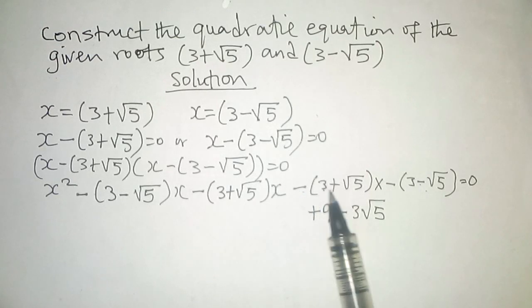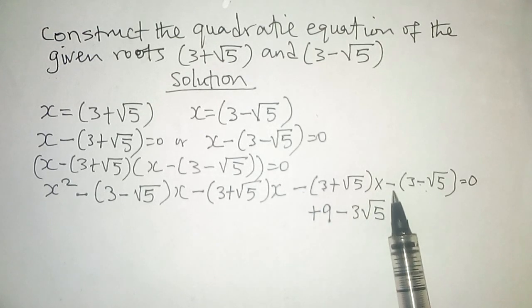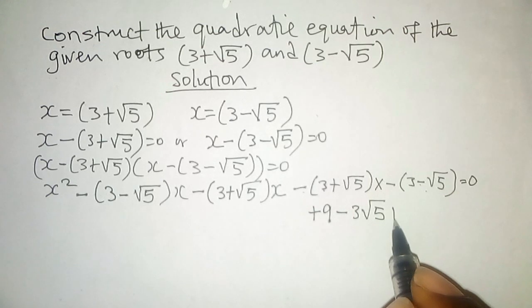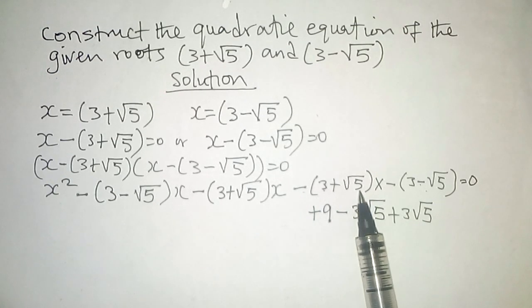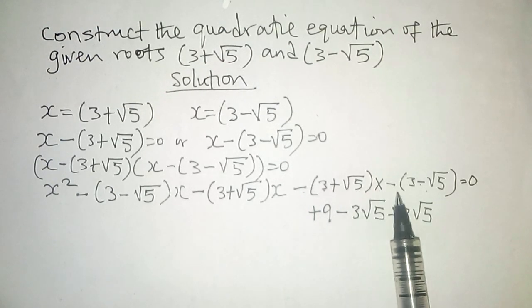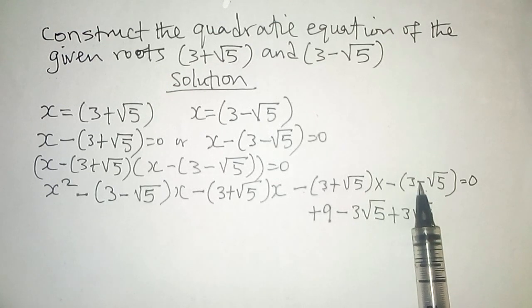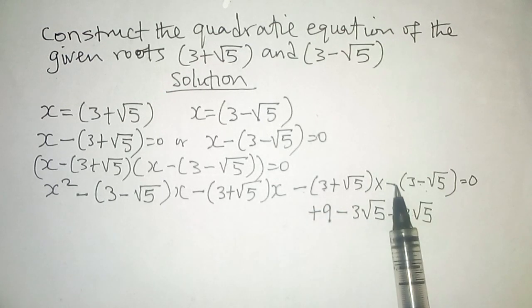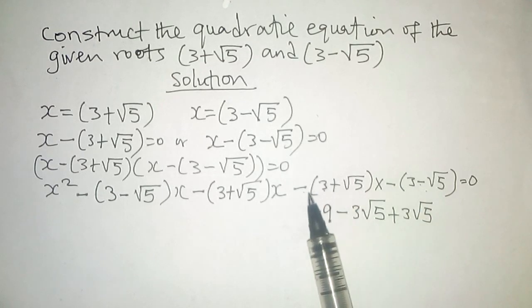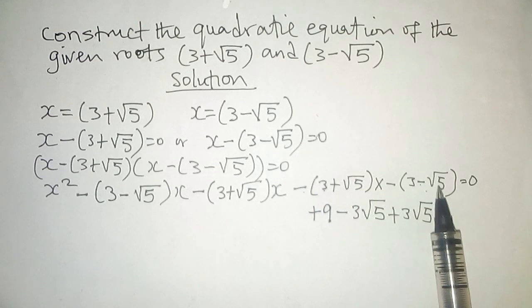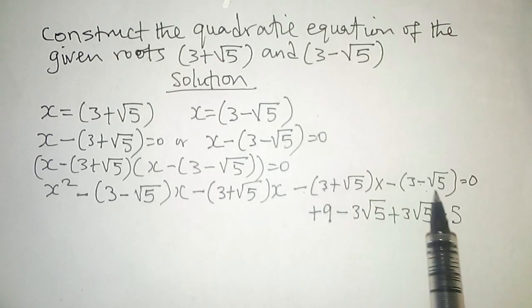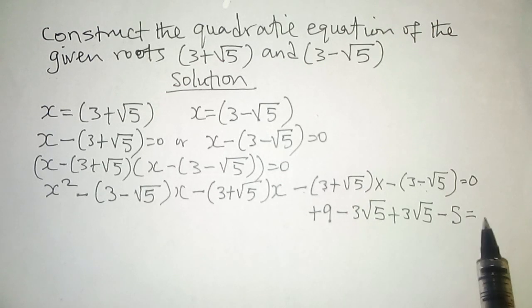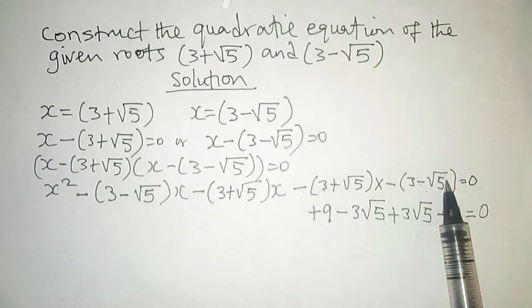Minus the square root of 5 multiplied by minus 3 will give us a positive 3 square root of 5. Minus the square root of 5 multiplied by minus the square root of 5: minus times minus is plus, so it will give us the square root of 5 multiplied by the square root of 5, which is 5. So we are through with this part.